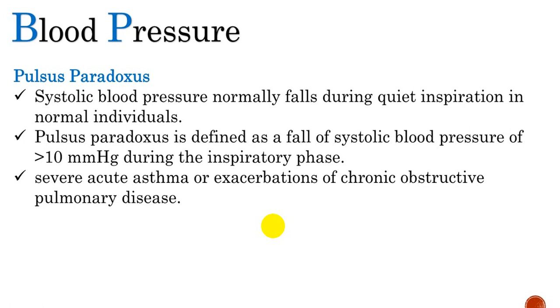But by and large, pulsus paradoxus will be more common with cardiac tamponade, or we call it pericardial tamponade, constrictive pericarditis, massive pericardial effusion. This will be more common as compared to respiratory disorders. But occasionally in respiratory disorders like status asthmaticus and acute exacerbation of COPD, you can demonstrate pulsus paradoxus sometimes.